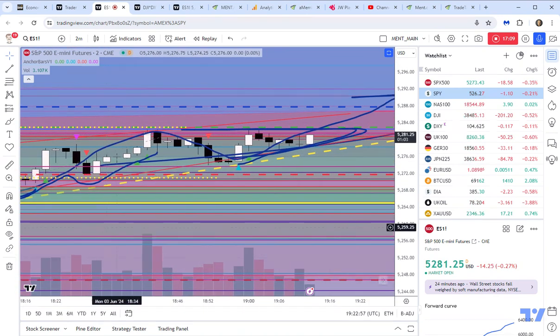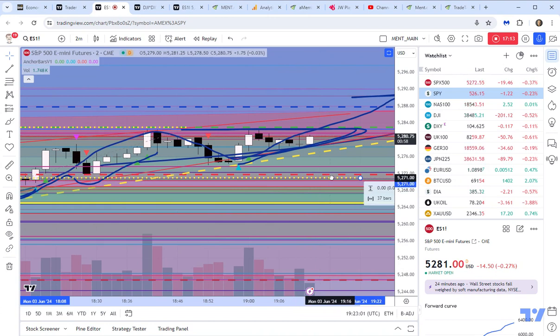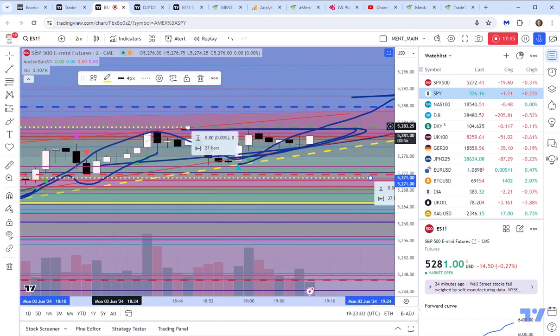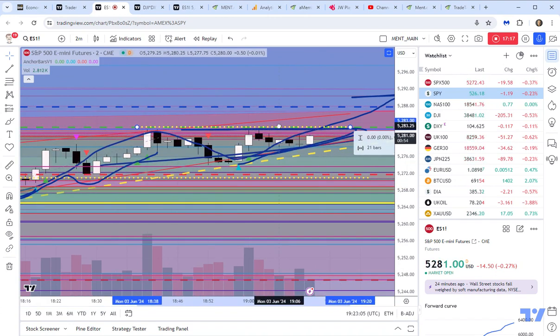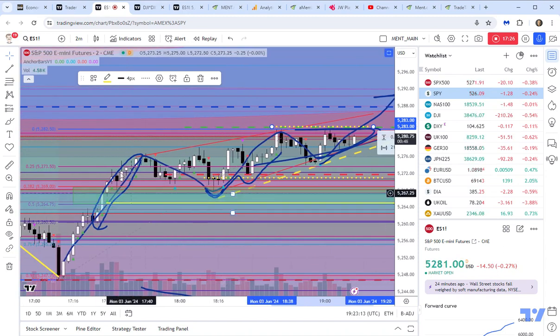As we continue to move across this area, you can see I'll just drag this over roughly. You can see we're now trapped in this sideways channel. And we've been, again, long. Let me show you. We've been long from right over here.